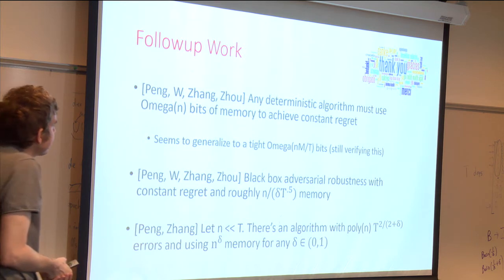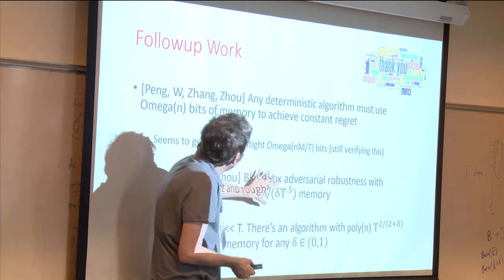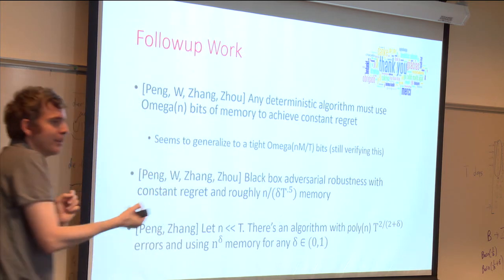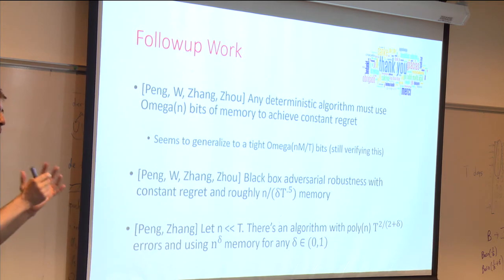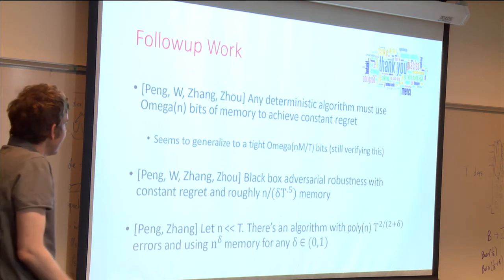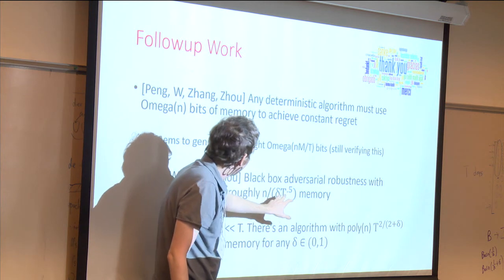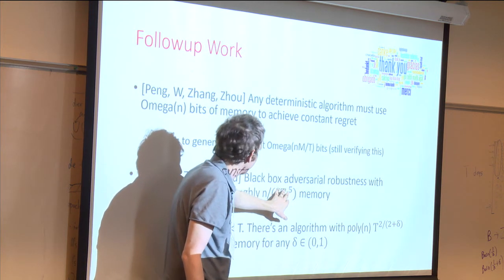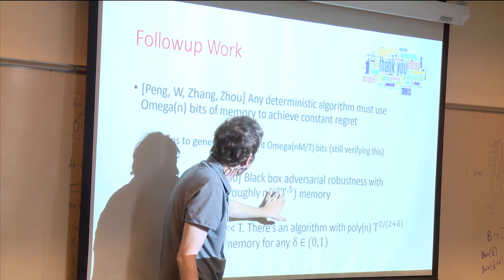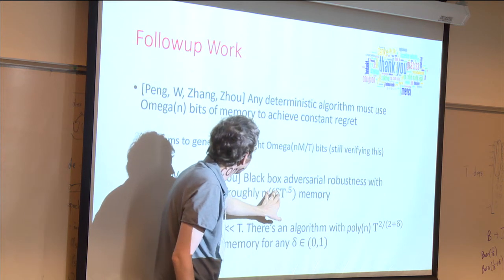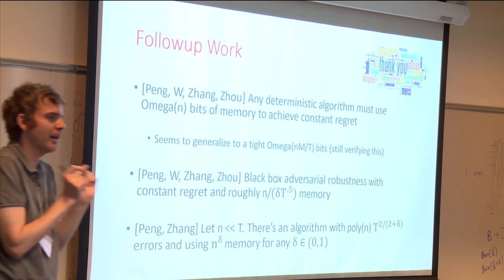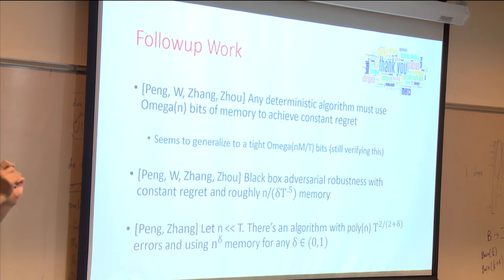But one thing we can show is that if we only reveal our outcomes to the adversary, not the internal state, then we can get an upper bound of n over delta root t. This is in the arbitrary order model, where I said there's an n over delta t upper bound if the number of mistakes is not too large.